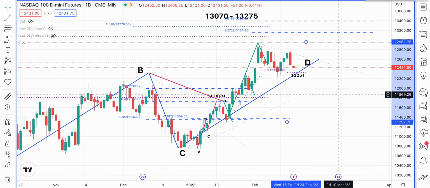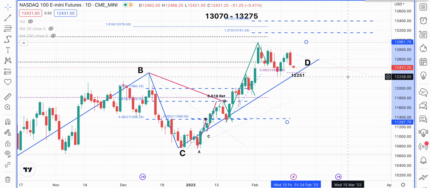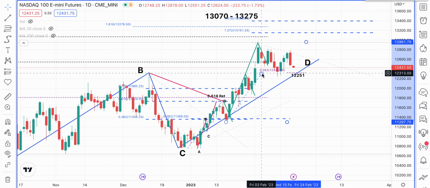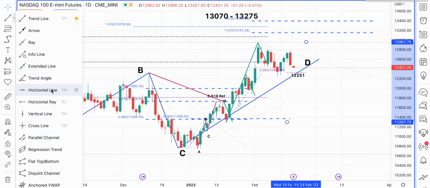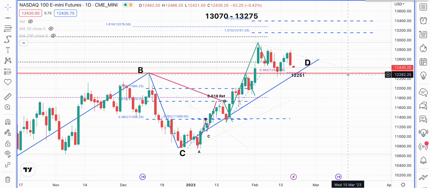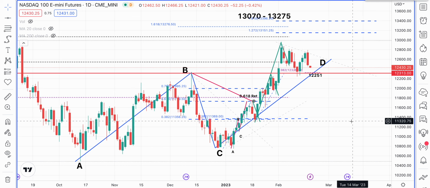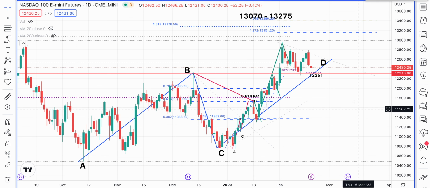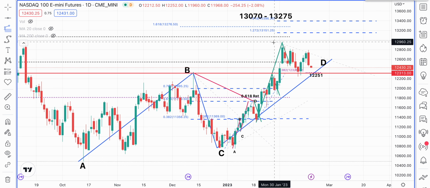And here for us, the important point to note is this support coming from here, which is also the structural support coming from this part. Let me try drawing a horizontal line here. So here we go. So around roughly 12,300.